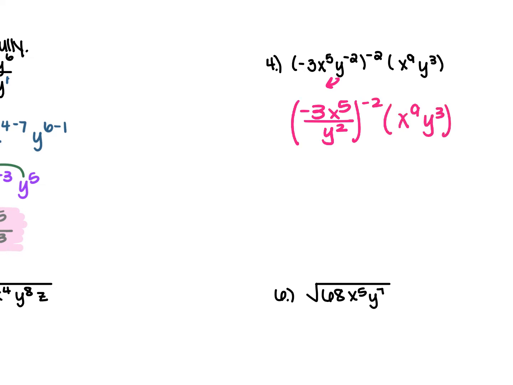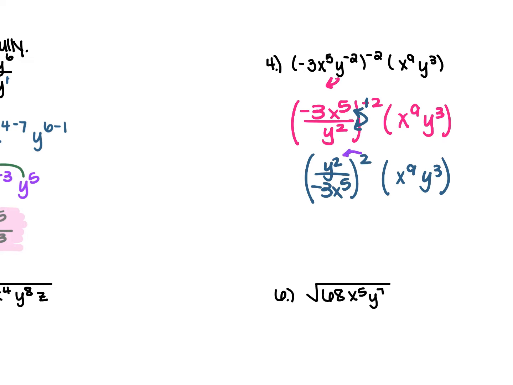From here, you are going to make that -2 power that's on that first set of parentheses a positive by flipping the fraction. So that's going to give you y squared over -3x to the 5th power, now raised to the positive 2nd power, times x to the 9th power, y to the 3rd power. Next, simplify the power of 2 on the first set of parentheses.